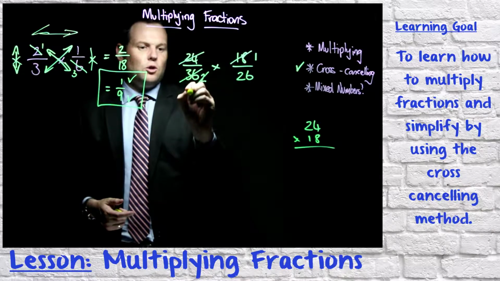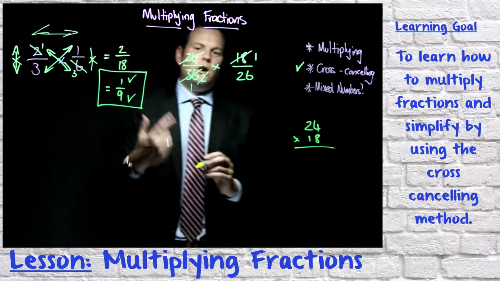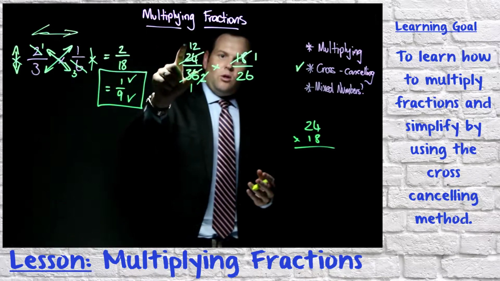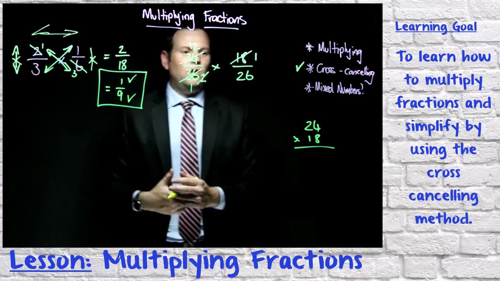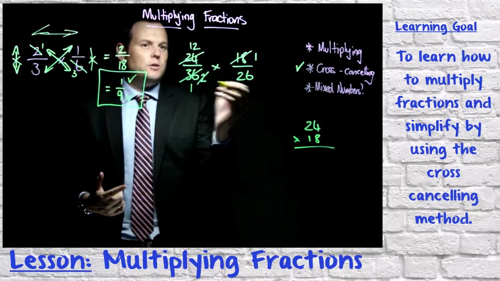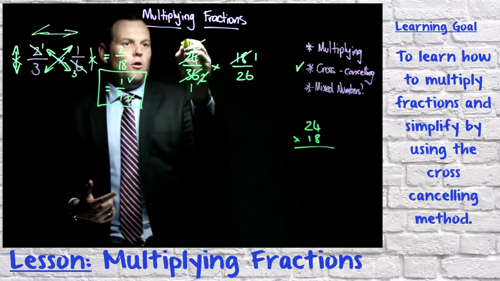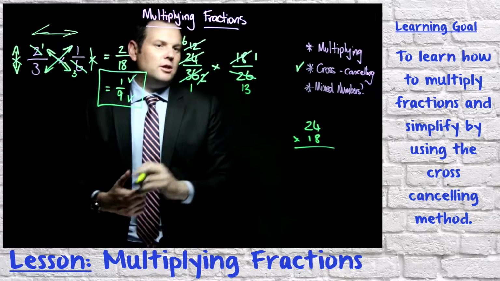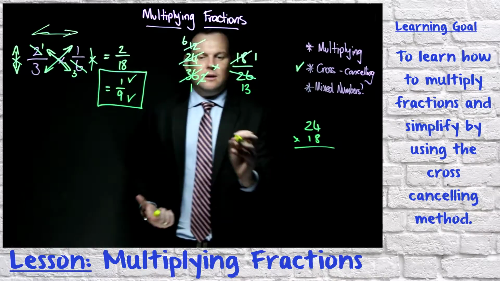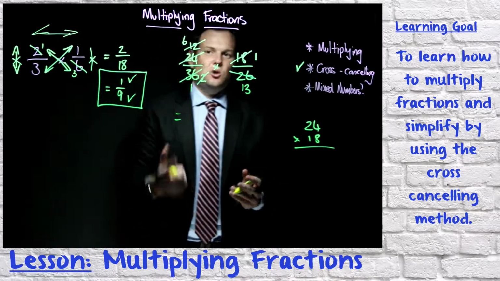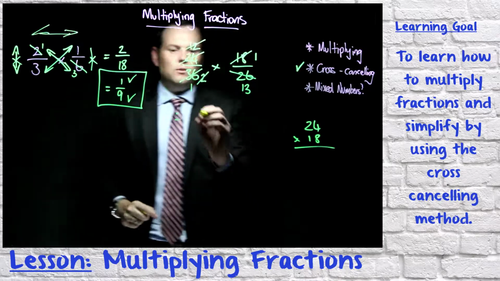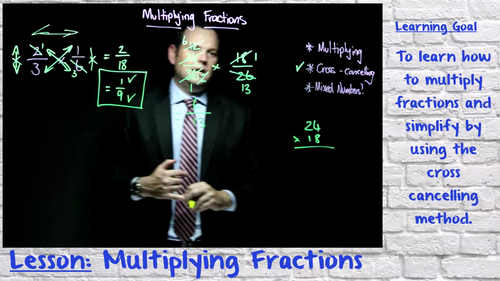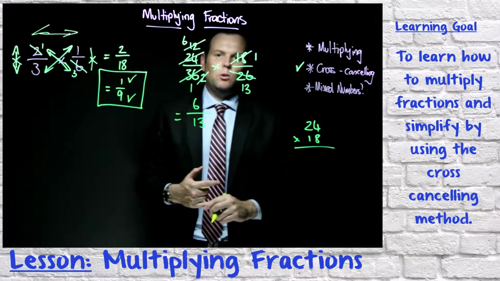So 2 divided by 2 gives me 1, and 24 divided by 2 gives me 12. Now I can look at these two and divide both of those by 2. So 12 divided by 2 gives me 6, and 26 divided by 2 gives me 13. And now all of a sudden, my question is super easy. I've got 6 times 1, which gives me 6, and 1 times 13, which gives me 13. And I'm finished. I'm all done.